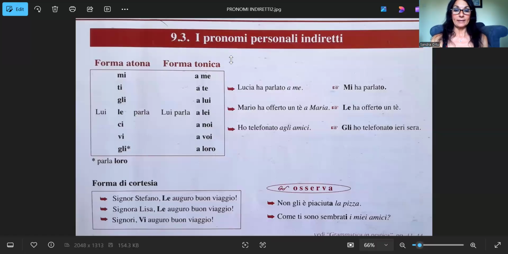However, the only reason why I'm starting with this strong form is that it makes much more sense, as an English speaker, to see the difference between the direct and indirect.